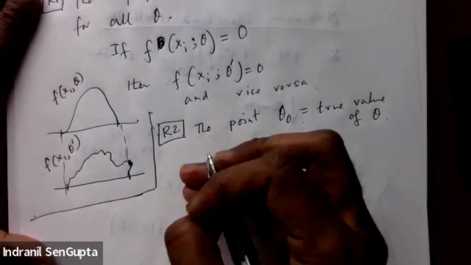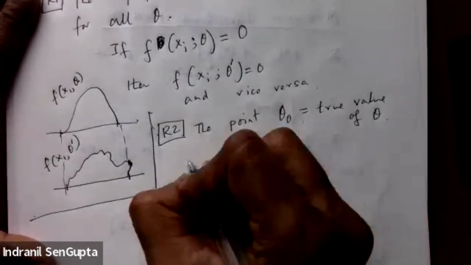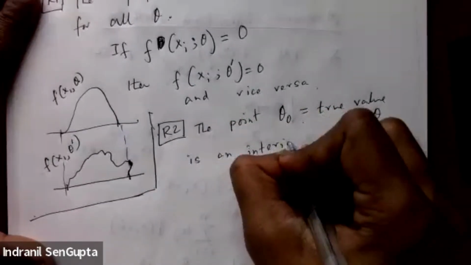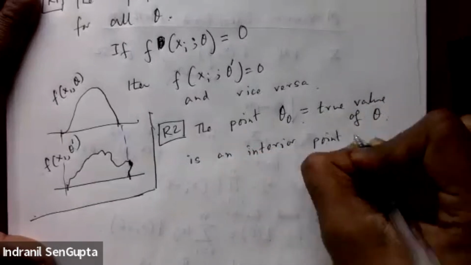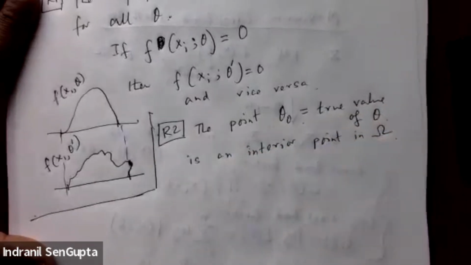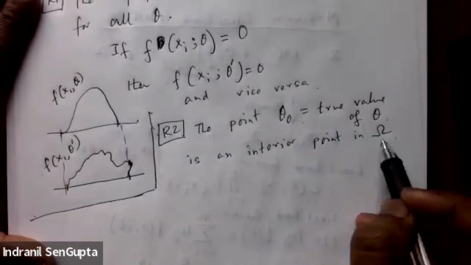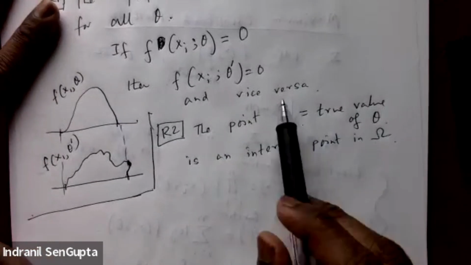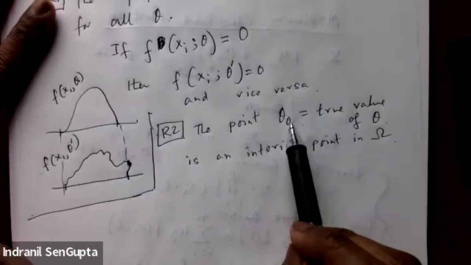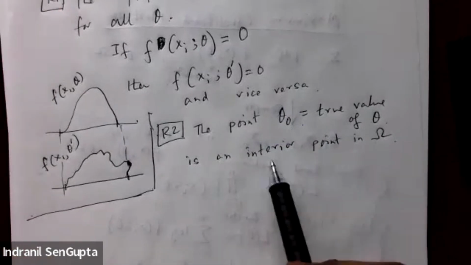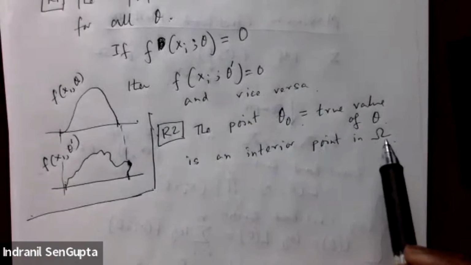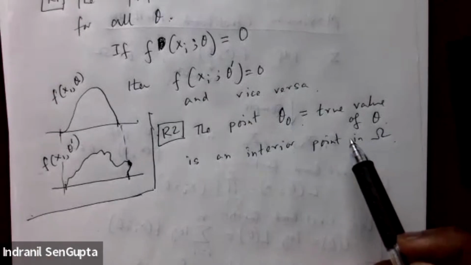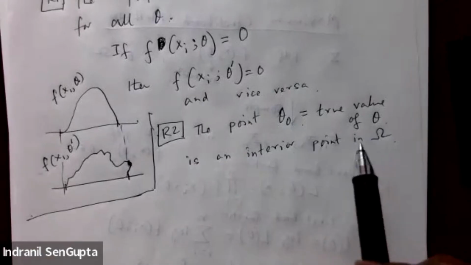So we assume that the point theta 0 is an interior point in omega. What is omega? Omega is the set of all such theta values, and we are assuming that the true value is an interior point of this set. So it's not on the boundary of omega.